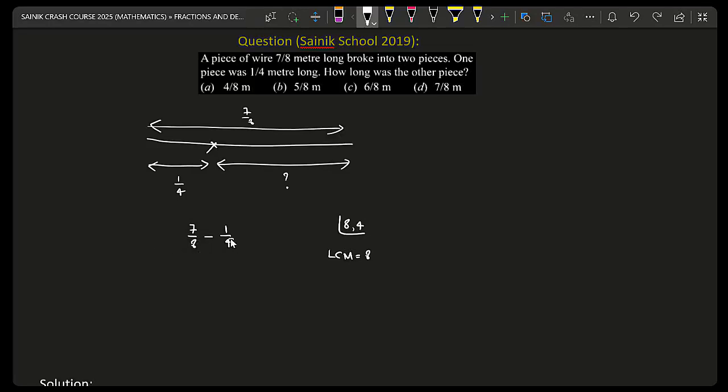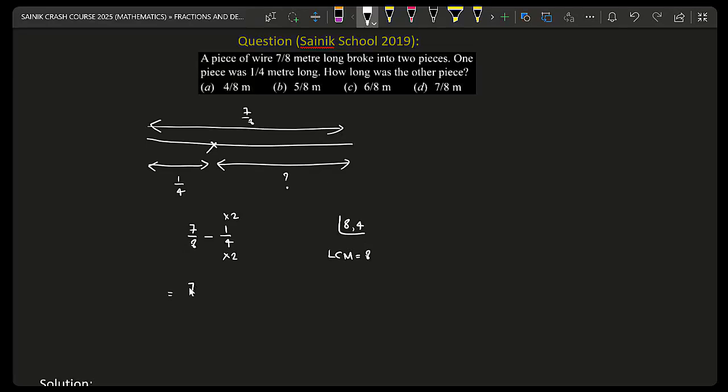But how can I convert this 4 into 8? Sir, 4 into 2. Yeah. Numerator also we should multiply. If denominator is multiplied by 2, numerator is multiplied by? Into 2. Yes. Now let us simplify.